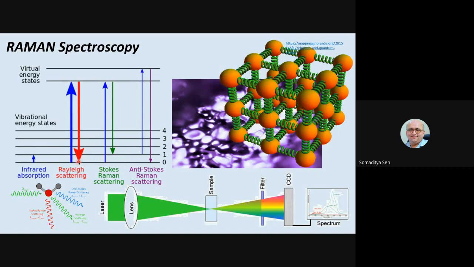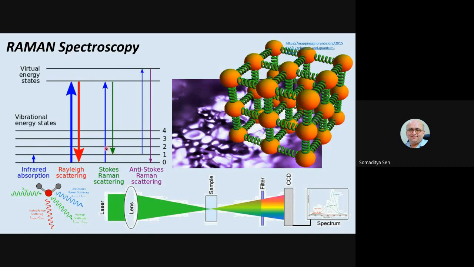Now, when it comes back to the same state, the energy that is given is the energy that is back. So it is an elastic type of scattering, and this type of scattering is called Rayleigh scattering. Now, when you do not have the same thing, you have to excite it to a state, and then it comes back to another excited state.